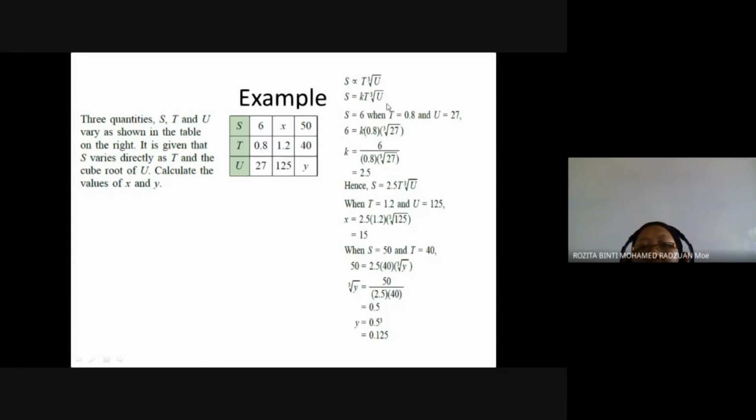Now we want to answer the question. Look at the second column. We want to find the value of X, right? X is what? X is S. So just substitute in the equation.